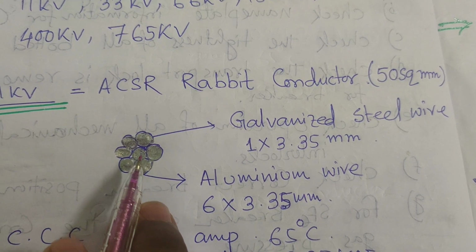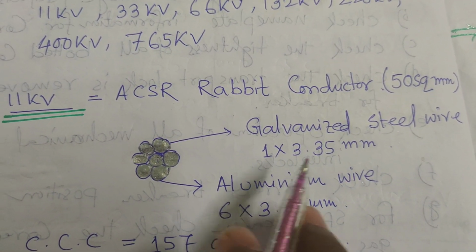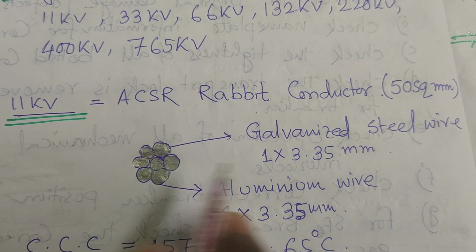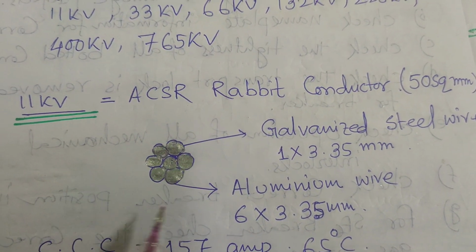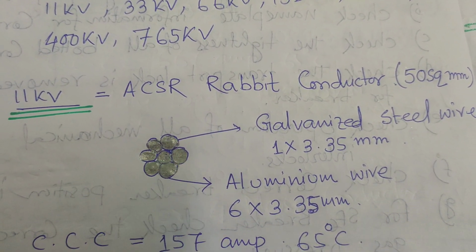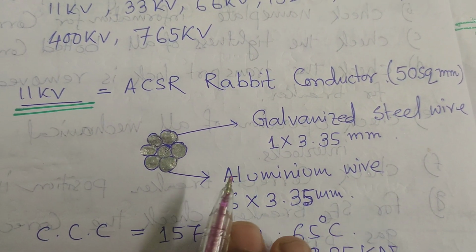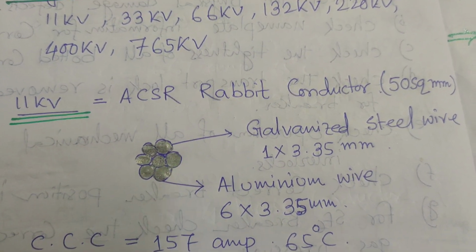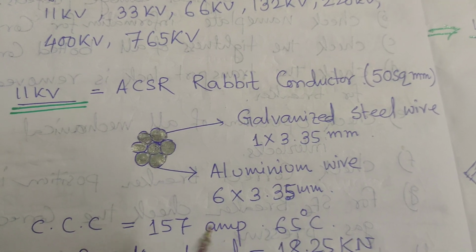One is the steel inside, galvanized steel wire, 1 into 3.35 mm. The diameter of the inside steel is 3.35 mm, and there are 6 aluminum conductors, 6 into 3.35 mm. So these are the strands of the rabbit conductor.